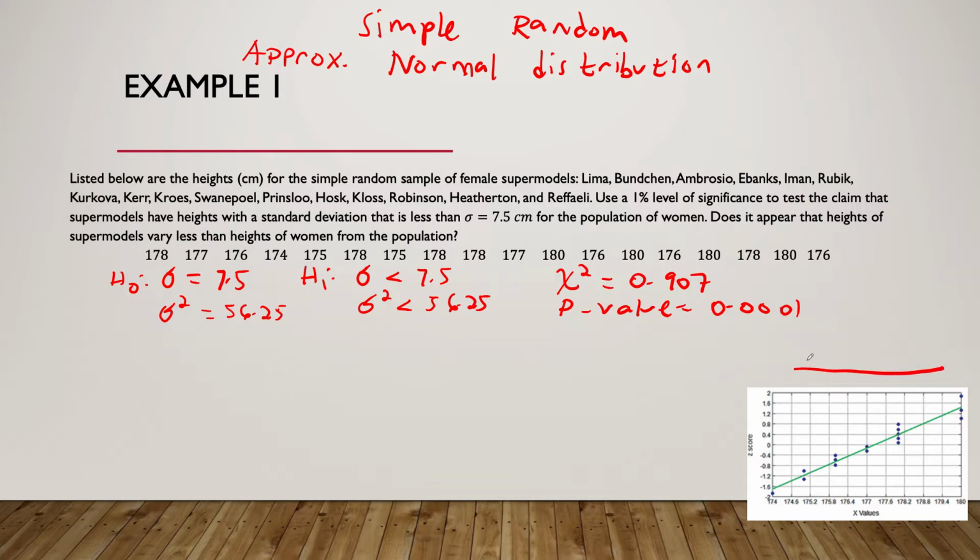And from the graph of this, this particular chi-squared value of 0.907, since 1 would be about here-ish, this would be about here-ish. And we are referring to this area below it, which again is why it's so low.